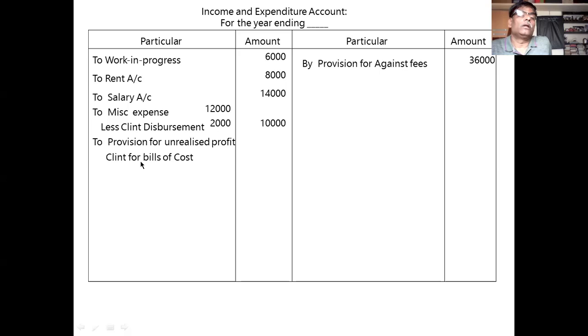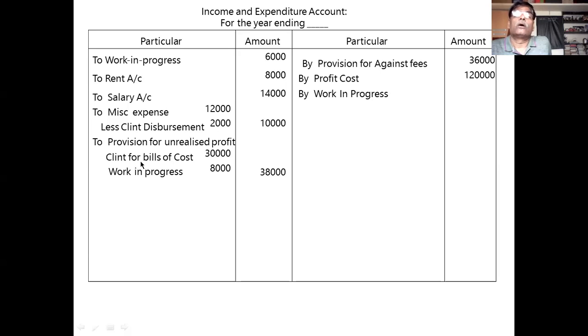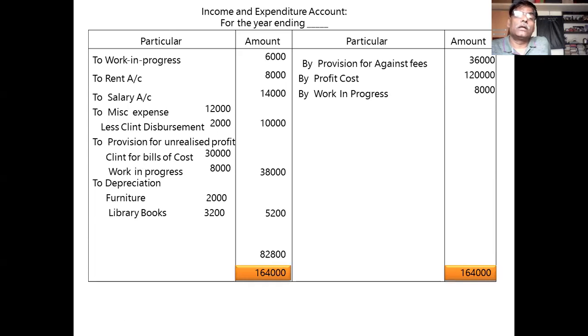Then provision for unrealized profit 30,000, 8,000 work in progress. Total 38,000. Profit cost 1,20,000, work in progress 8,000. Depreciation: furniture 2,000, library book 3,200. Total 5,200. You take the total and ascertain the net profit. Net profit is 82,800. This is the surplus.